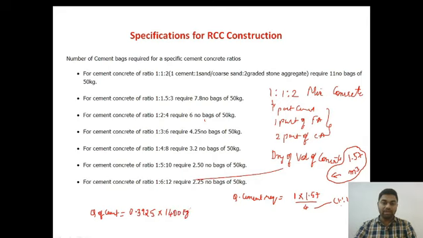1400 kg per meter cube. This is equal to 0.3925 meter cube. So the density of concrete is 1400 kg per meter cube. Therefore, the weight of cement required for 1 cubic meter of 1:1:2 concrete is how much? 549.5 kg.